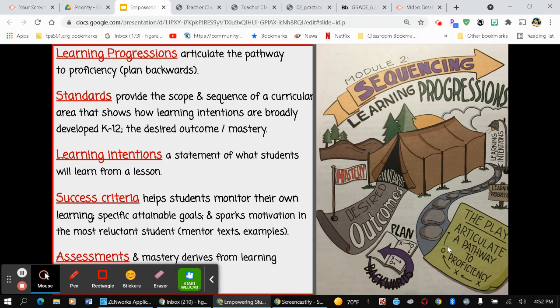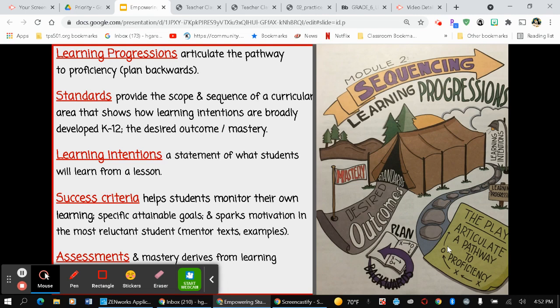Success criteria taps into principles of human motivation, and it taps into the desire that humans have to succeed. If there is cognitive dissonance, if there's a distance between where they are and where they should be, they're going to want to close that gap. It gives them the motivation to close that gap.